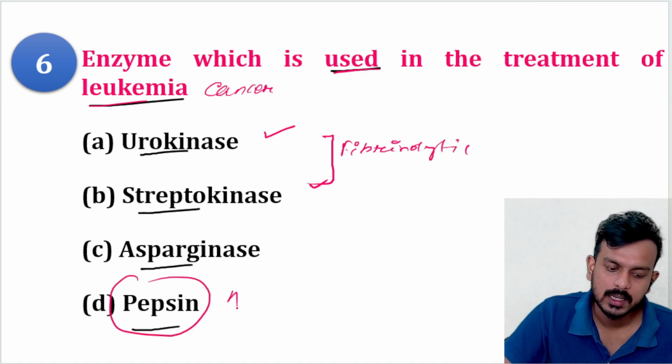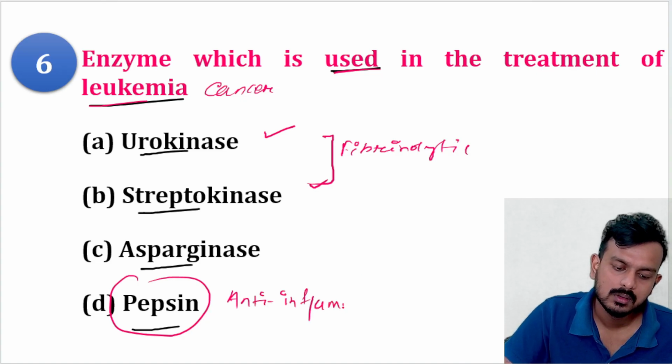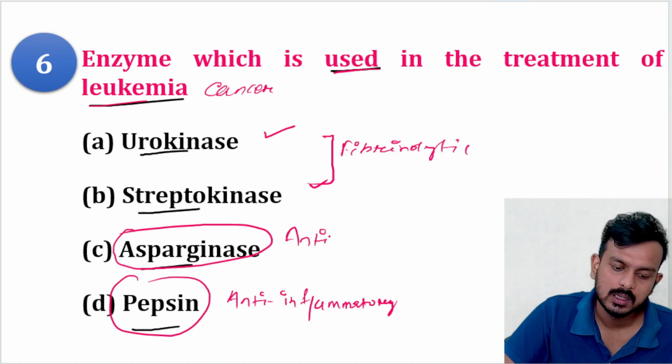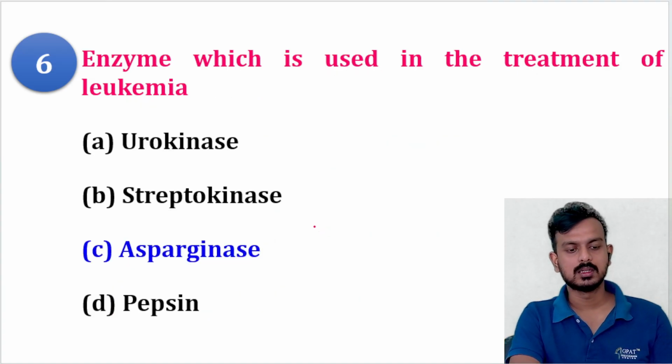Pepsin is used as anti-inflammatory. But asparaginase is basically used as an anti-cancer agent.